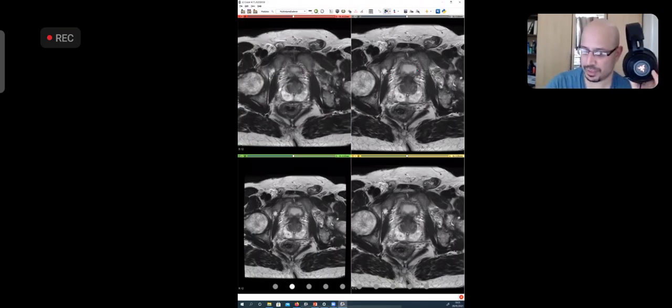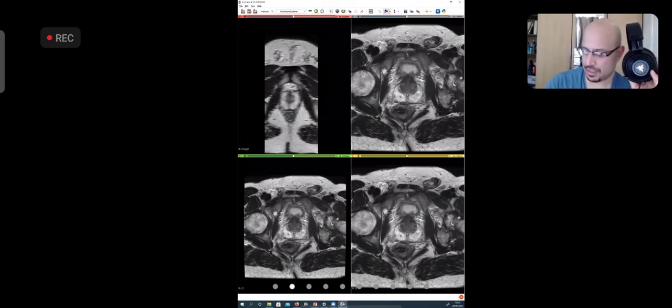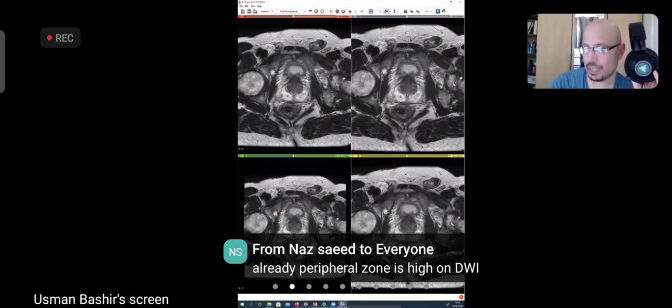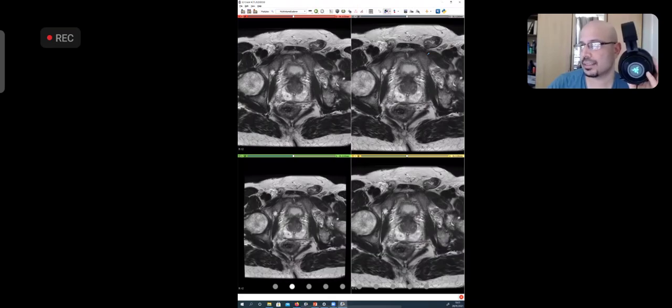To diagnose those. Right. So we're looking at the transitional zone now, which is what I do anyway. After I went through the peripheral zone and I just demonstrated to you that I looked at the ADC map and the diffusion post-contrast imaging for the peripheral zone, I'm going to move on to the transitional zone and look at the T2-weighted imaging and the diffusion-weighted imaging.